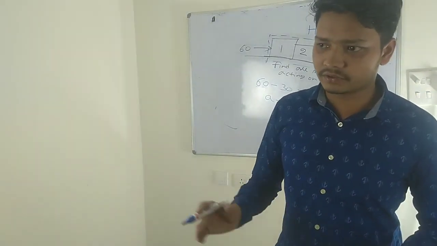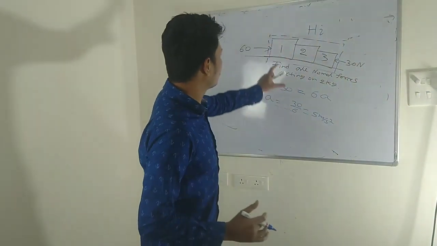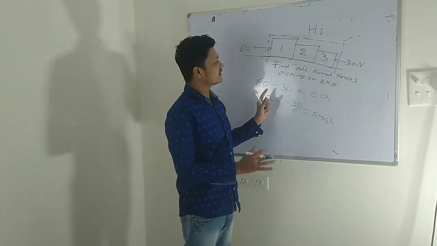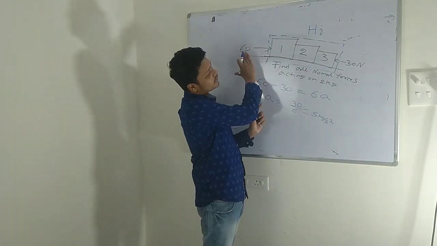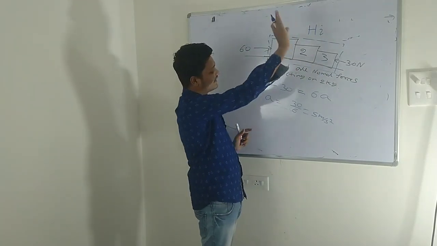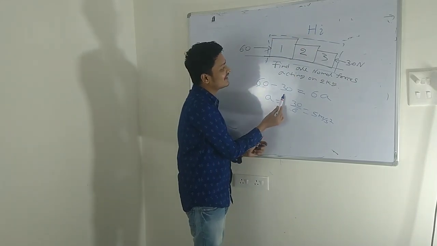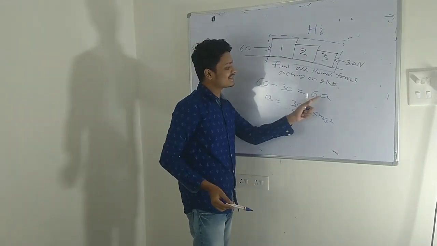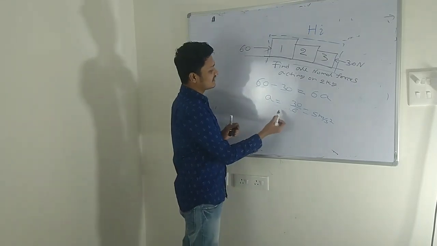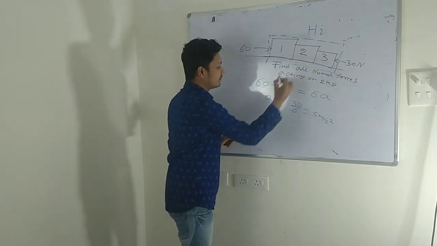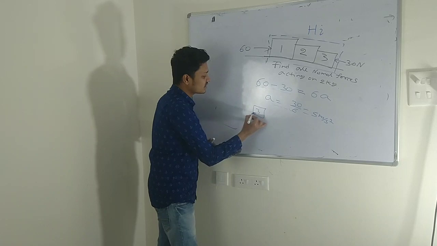Okay. So 1, 2 and 3 kg, the net external force is, one is 60 and other one is 30. So 60 minus 30 is equal to net mass 6 into A. So acceleration is 5.